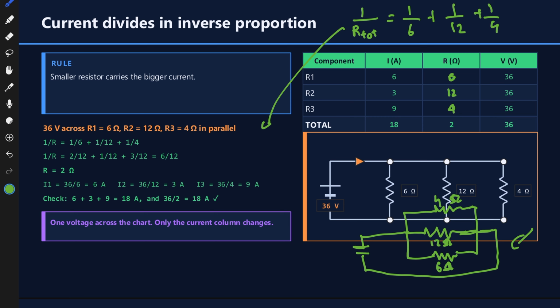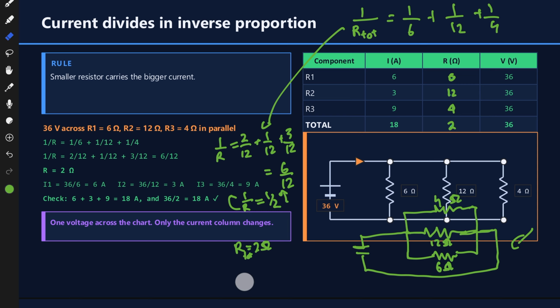Okay, so 1 over R is equal to 2 over 12 plus 1 over 12 plus 3 over 12, which is equal to 6 over 12, which is equal to 1/2. You can flip both of these. R is equal to 2 ohms, our total resistance. So I can write R tot. Okay, so my entire resistance column is now filled.